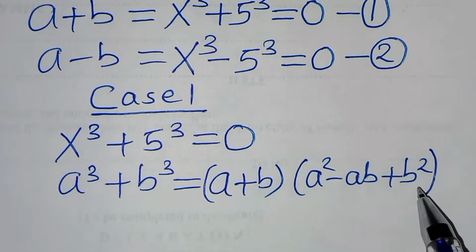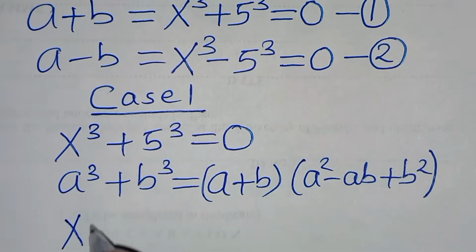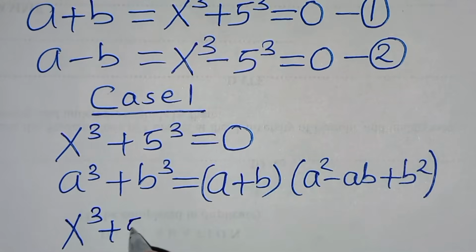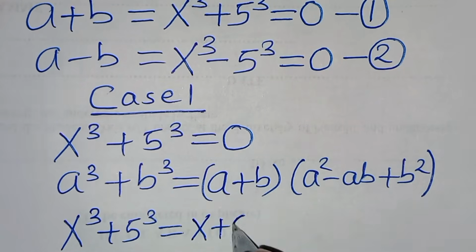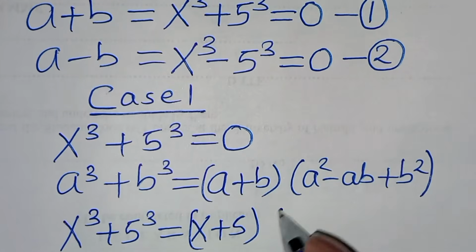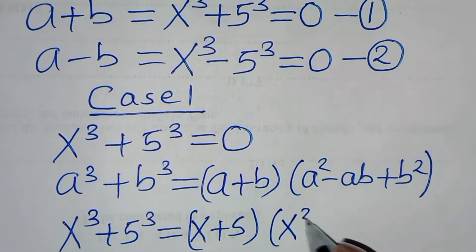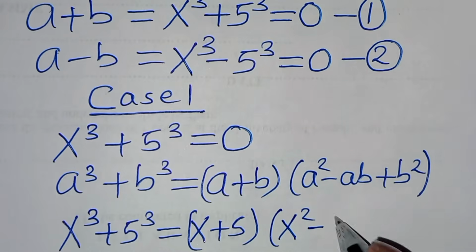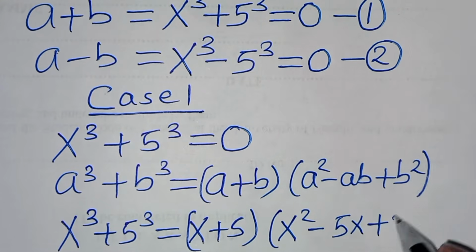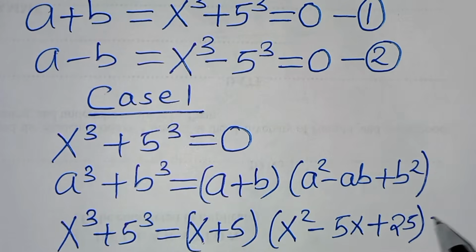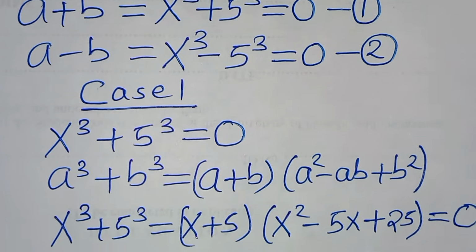Applying this property, x to the power 3 plus 5 to the power 3 is the same thing as x plus 5, then x squared, subtract 5x, plus 5 squared, which is 25. This is equal to 0.